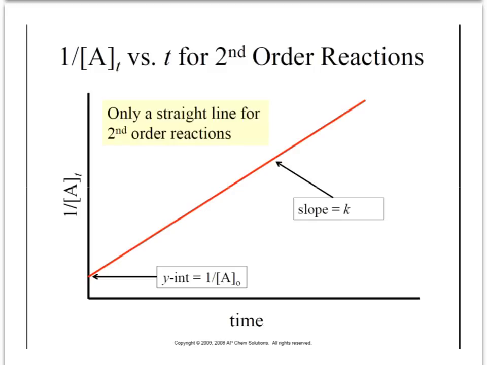When we do this, we get that straight line, which means we wind up with a slope, we wind up with our y-intercept, and we have our y value. So what this means is, once more, our integrated rate law can be rearranged. So it started out as 1 divided by the concentration of A at a time t, minus the reciprocal of A initially, equal to the rate constant times time.